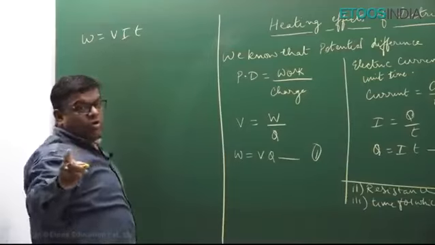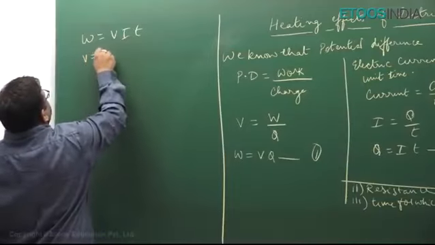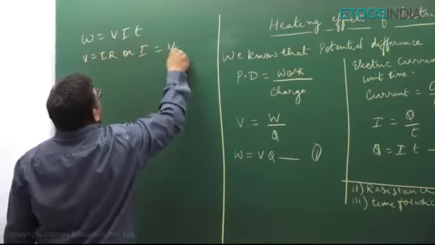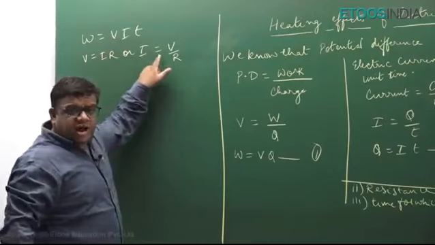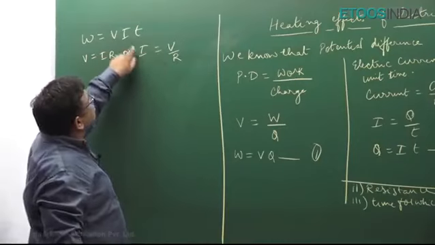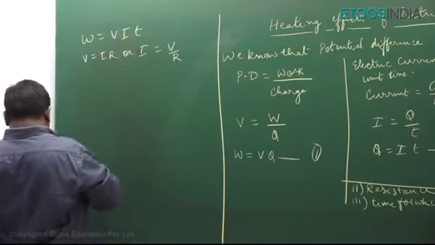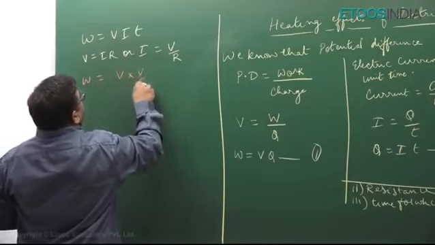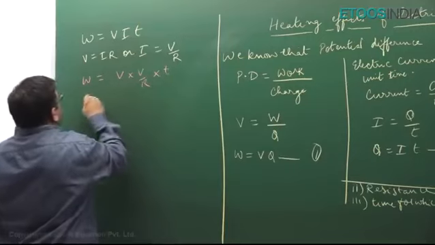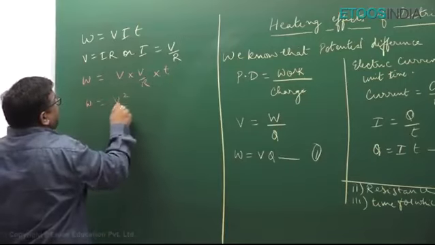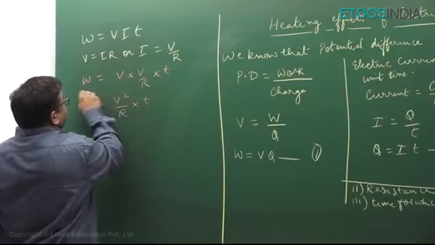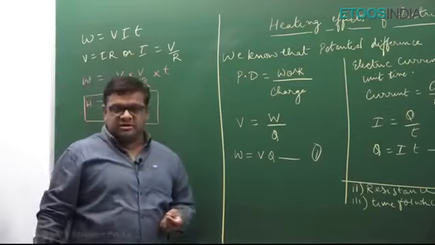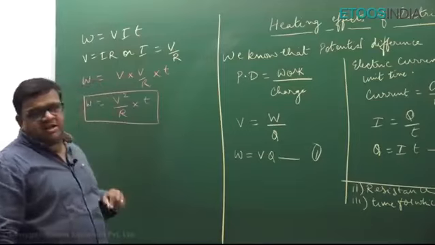From Ohm's law, V is equal to IR or I is equal to V upon R. Now here I can substitute the value of I. So it becomes W is equal to V upon R into T, and that is W is equal to V square upon R into T. Here is another formula for work done or heat or anything.